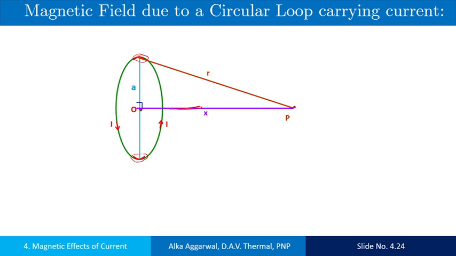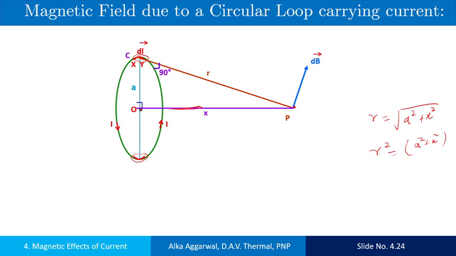Here r is equal to under root of a square plus x square, so r square is equal to a square plus x square. This distance r is at right angle to the plane of the loop.